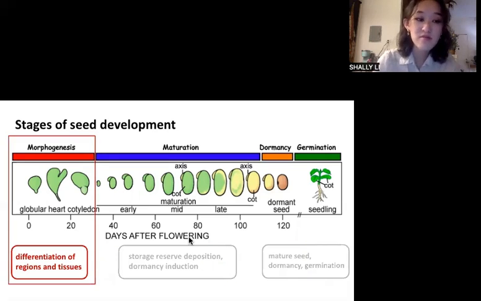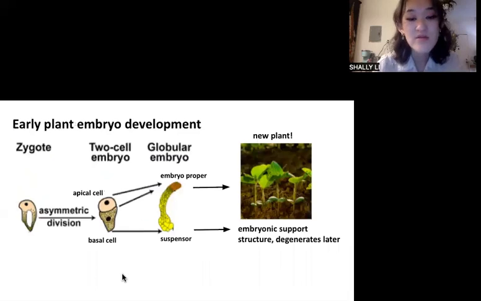And in particular, these early morphogenesis stages are of interest to us because this is where a lot of the really important decisions are being made about where all of the different tissues and subregions of the seed differentiate. And one of the earliest processes to occur right after fertilization is the differentiation of this structure called the suspensor.